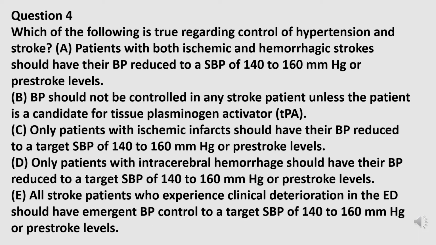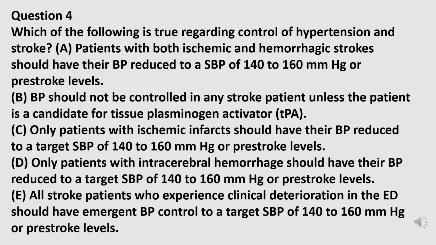Question 4. Which of the following is true regarding control of hypertension and stroke? A. Patients with both ischemic and hemorrhagic strokes should have their BP reduced to a SBP of 140 to 160 mm Hg or pre-stroke levels.